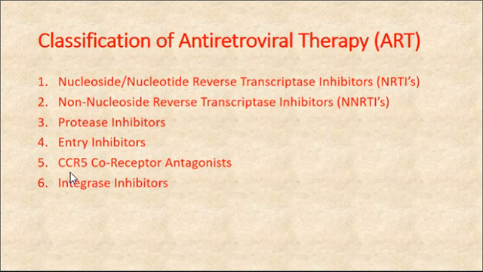This CCR5 co-receptor antagonist, the only agent approved is Maraviroc. Again, it has the VIR in the name. It prevents viral replication. It must be combined with at least 2 other antiretroviral agents.